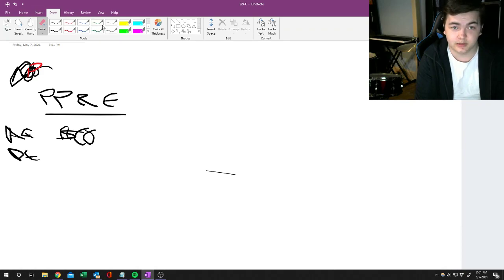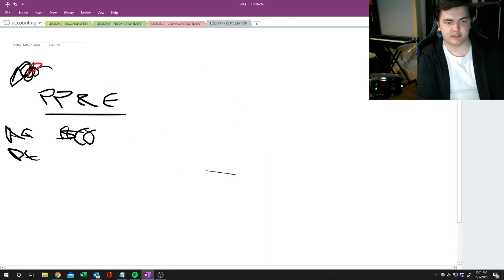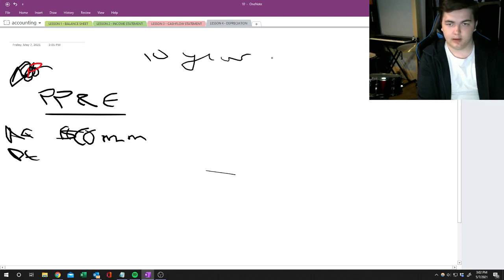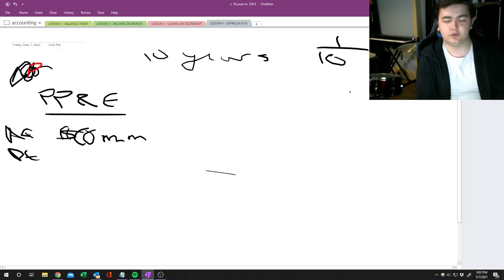Another benefit of the straight line, it's super easy to calculate. So let's say it's straight line, the acquisition cost is $10 million, and the useful life is 10 years. And let's say the residual value is $0. So by the end of the useful life, it'll be worth 0.